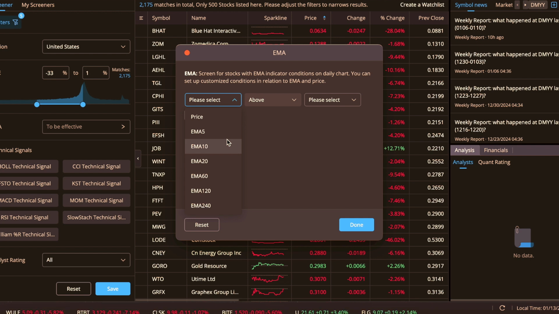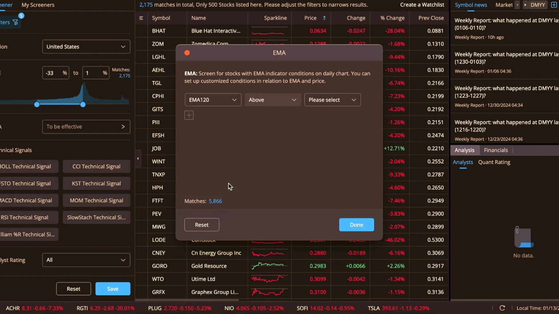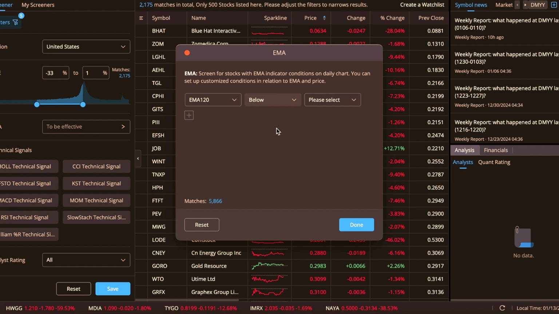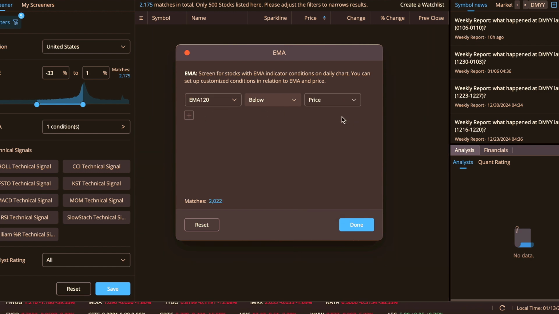And I don't use these exact EMAs, but because I use the 183 as my long-term EMA, if I want to look for stocks that are below the 183, then I'll just put 120, right? Because then I know it's going to include the 183. So if I say EMA 120 is below price, there you go.